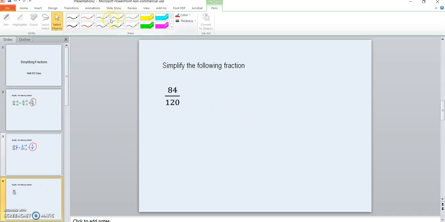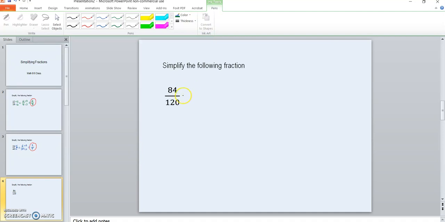Now moving on to one more simplifying question, we've got 84 over 120. Eventually you're not going to have to keep using this divide symbol, and you'll get to the point where you're comfortable just crossing out the number because you know that you're dividing it by a number.